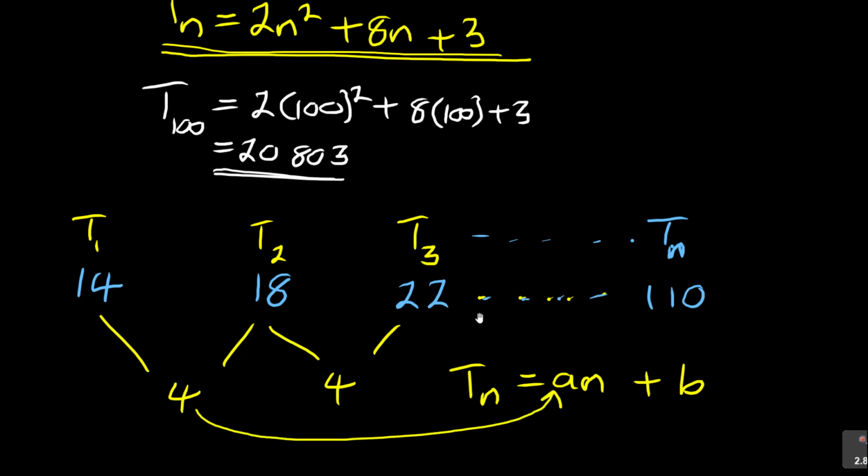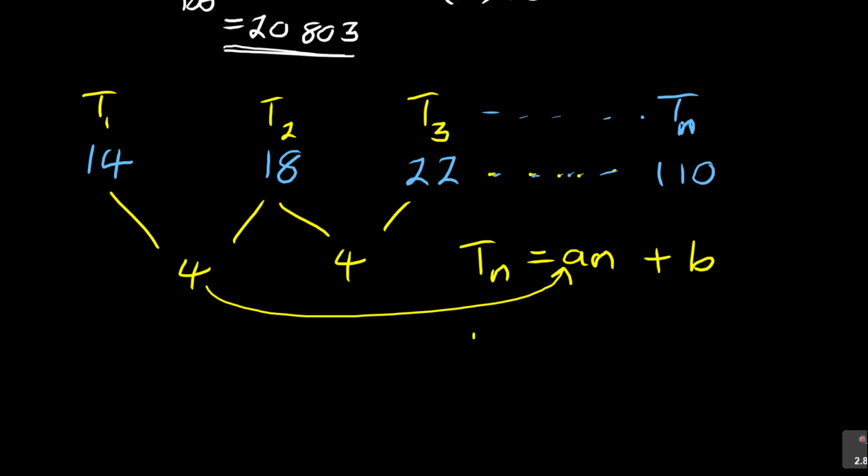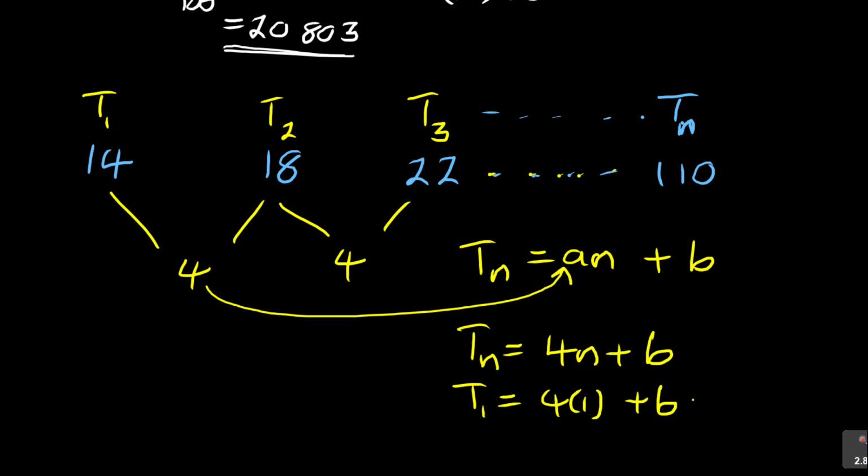So you can move on to say tn is equal to what? 4n plus b. Then you choose any, either you choose t1 to say if I've got t1, where there is n, it will be 4 bracket 1 plus b. So you need to find b, but we know what is t1. T1 is 14. See that? So this 1 must give me 14.